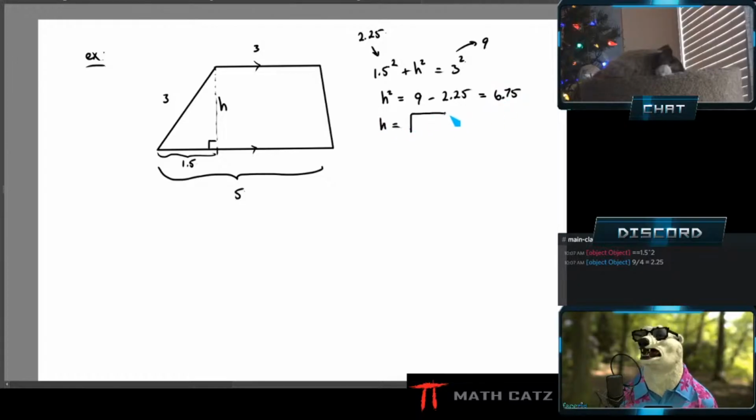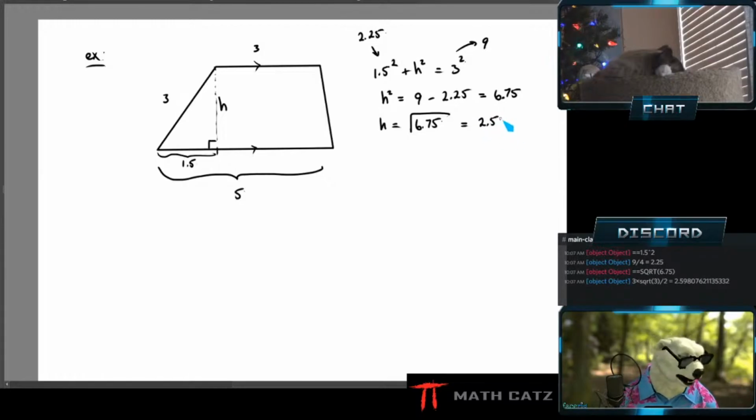So h is then the square root of 6.75, which is, let's see that, square root 6.75, 2.5981 if I round it, but I rounded it, I have to keep that in mind.